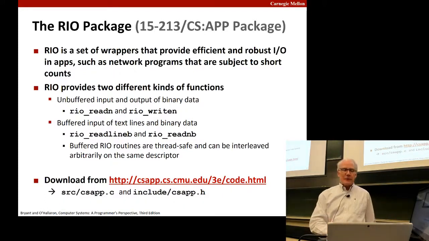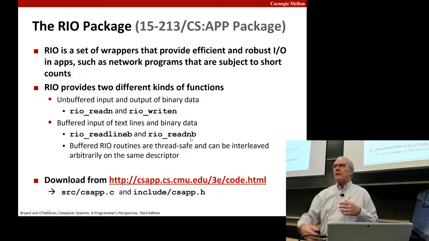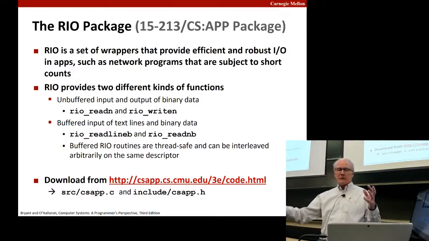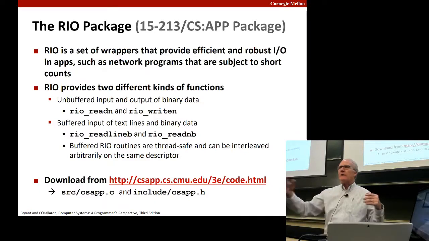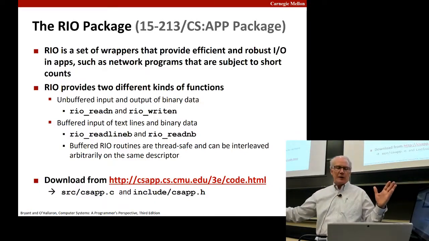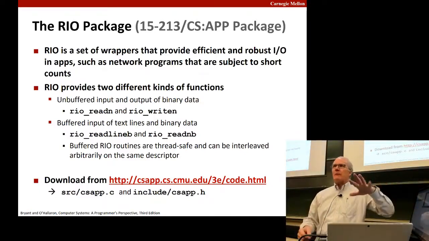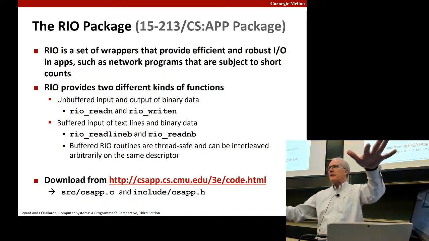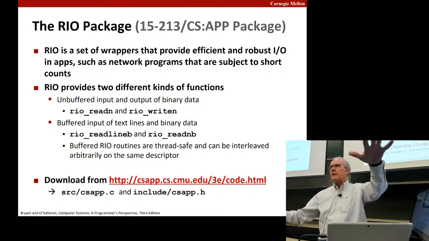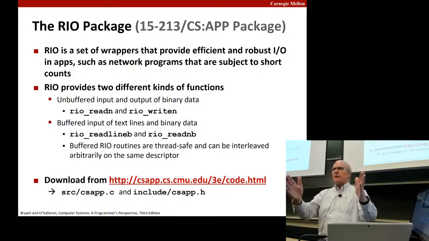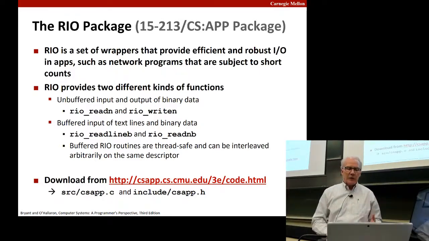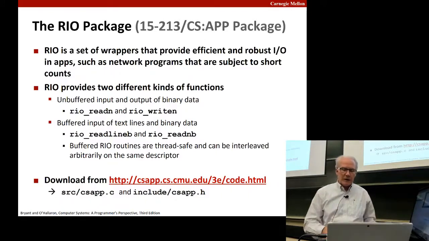And because there's a buffer, now you have to use a special flavor if you want to read from that same file descriptor, the same file, but some arbitrary stuff, not worrying about line breaks. Because of the buffering, once you've read something into a buffer, if another read comes along and doesn't know about that buffer, it'll skip over some collection of bytes. So these two are designed to work together. And again, this is stuff you'll really appreciate later in the term for your final project, but you're not going to touch it right now.